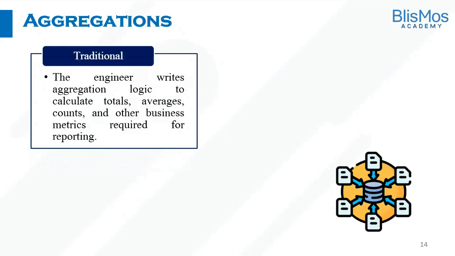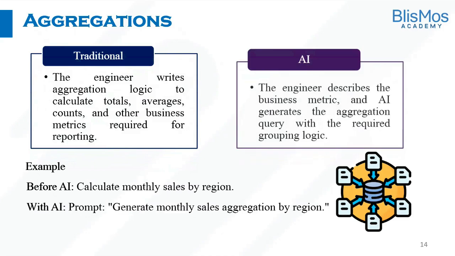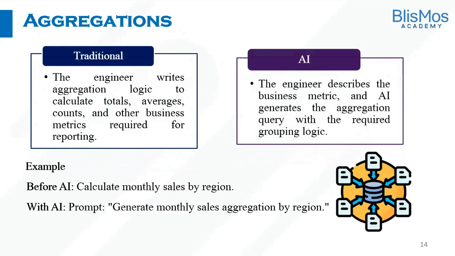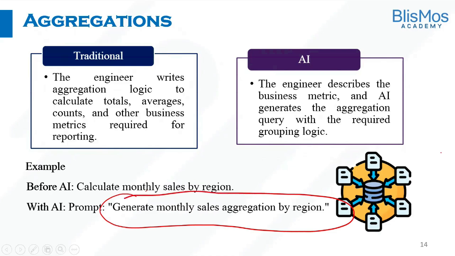Instead of struggling with so many things, what the data engineer can do is describe the business metric, and based on the requirement of the business metric, AI will generate the aggregation query with the required grouping logic. Here you can say generate the monthly sales aggregation by region. AI will give the aggregation logic which you can leverage and implement.